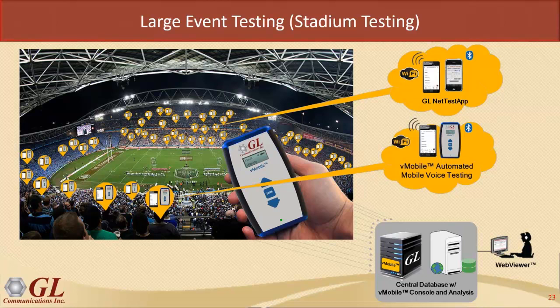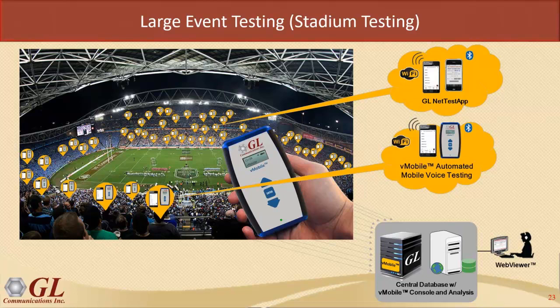For instance, at a football game, what happens during halftime or during an intermission? What happens with the voice and the data? This is when everybody's going to be on their phones, and are your microcell sites sustaining the traffic that you need at these events? That's one thing we can do, and it's very easily done with the vMobile.